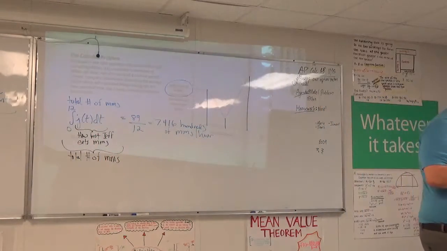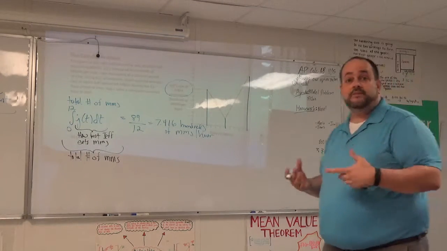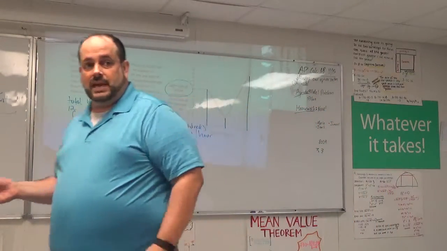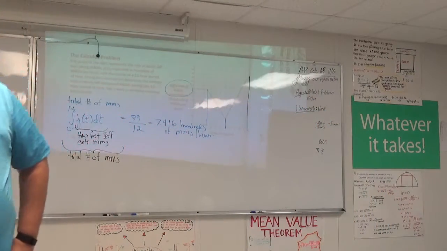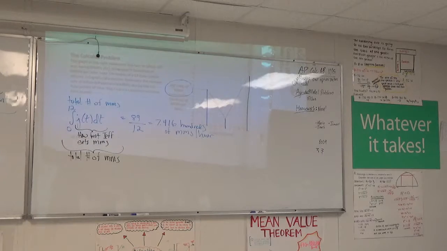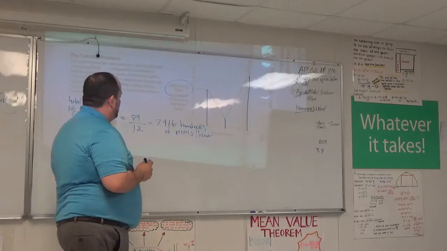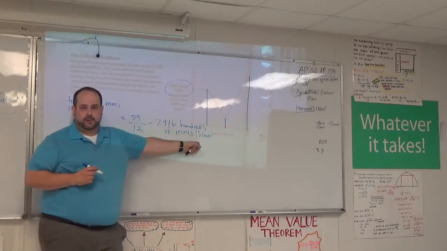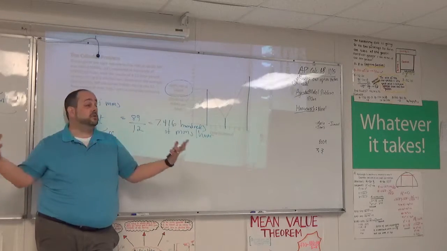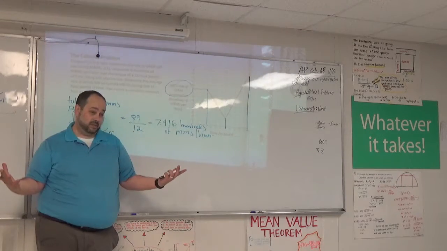When is this average true? From t equals 0 to t equals 12. What am I finding the average of? The average rate that Jeff eats M&Ms is 7.416 hundred M&Ms per hour. I need the full set. You're going to do a lot of writing with this.